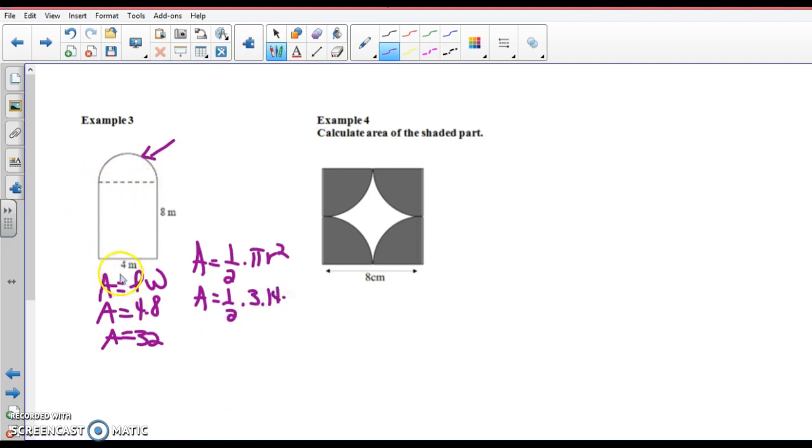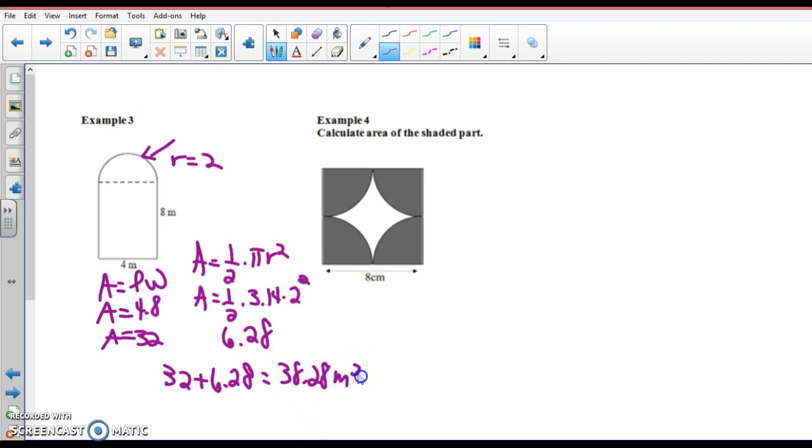This is the diameter, which is 4, so my radius is going to be 2. When you punch that into your calculator, you are going to get 6.28. And then when I add 32 plus 6.28, I end up with 38.28. And we're talking meters squared.